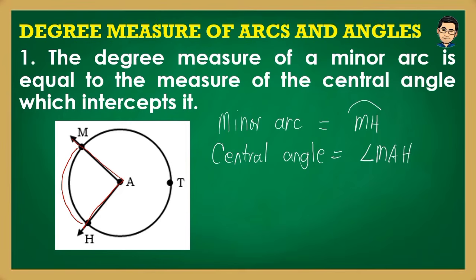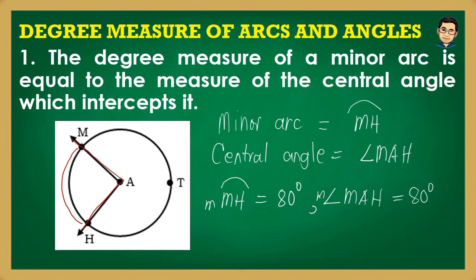So, if the measure of arc MH is 80 degrees, the measure of angle MAH is also 80 degrees. When we say measure, we usually write a small m.